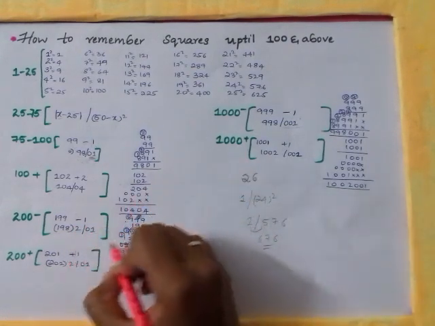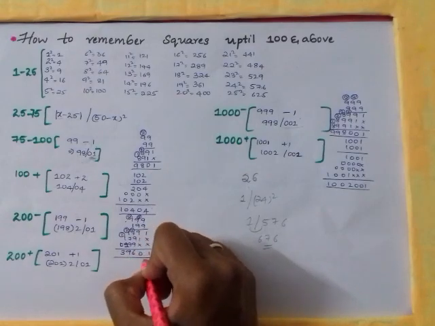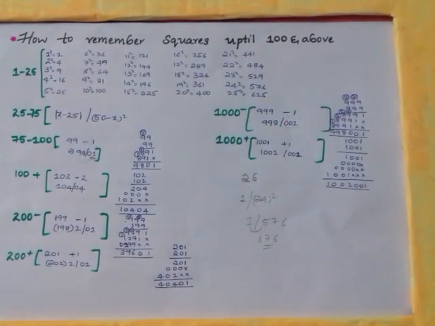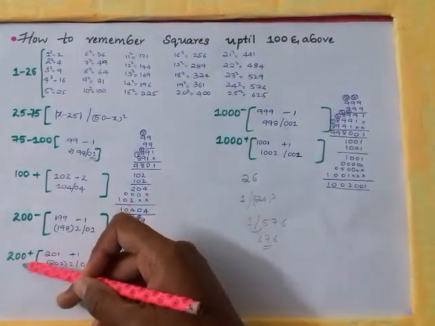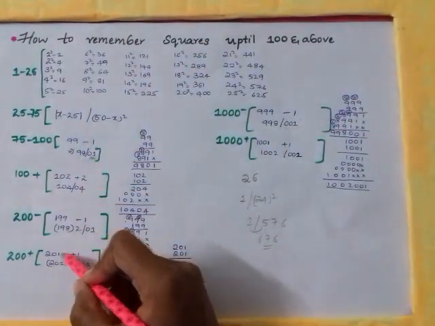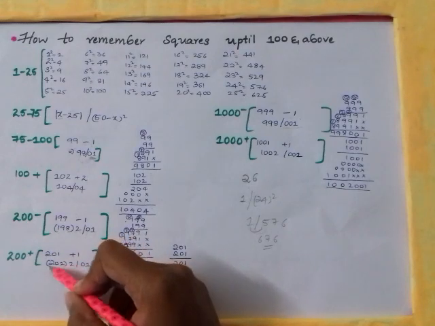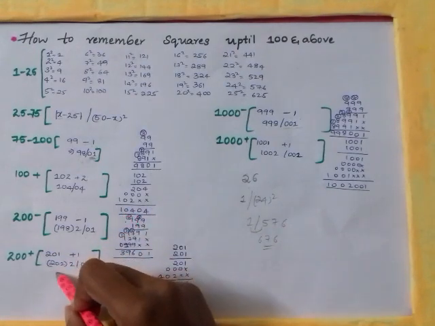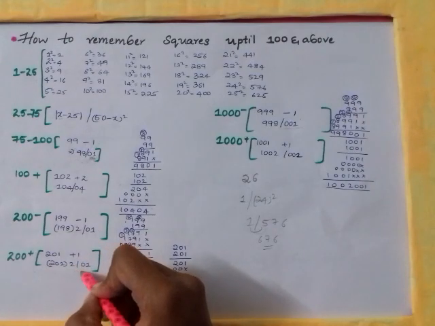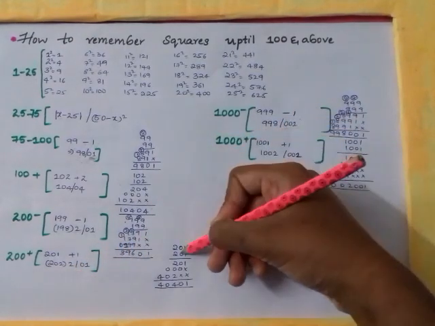So the number which results is 39601. Next, 201 is 1 more than 200. So add 1 to get 202. It should be doubled and then 01. So the answer is 40401.